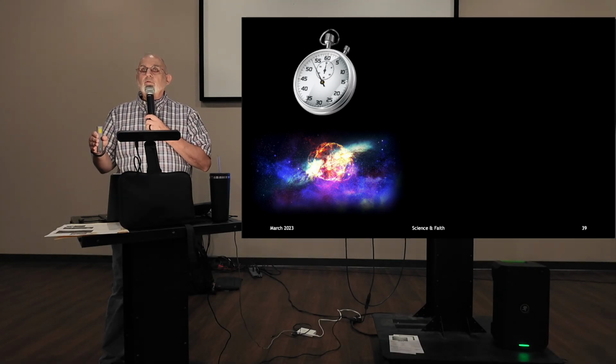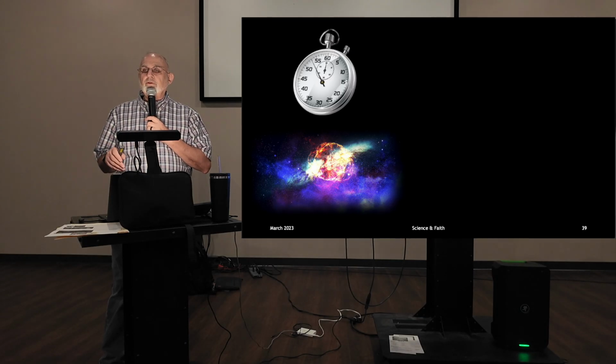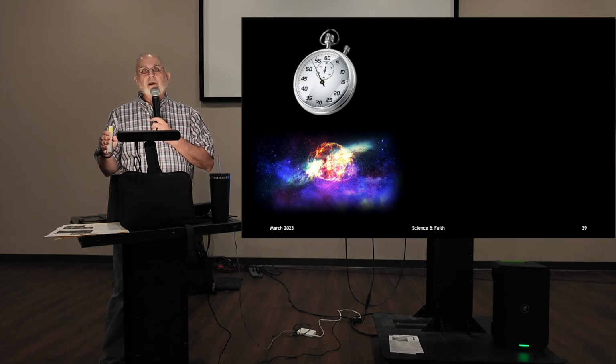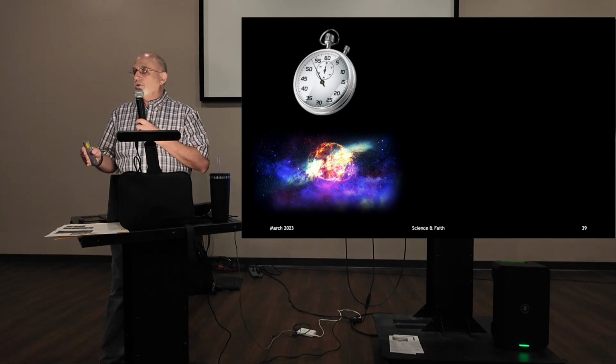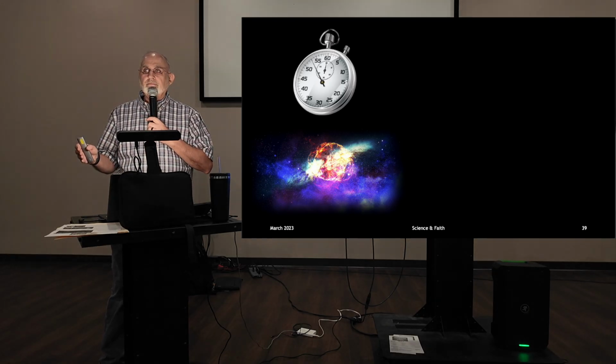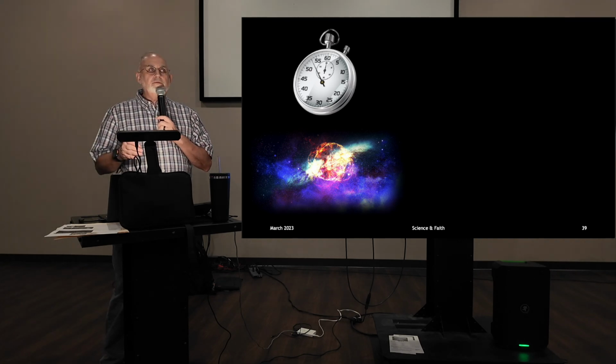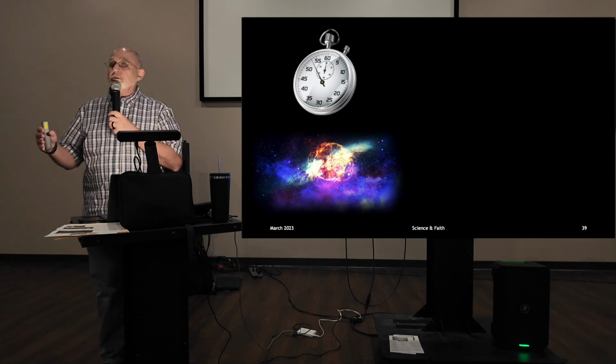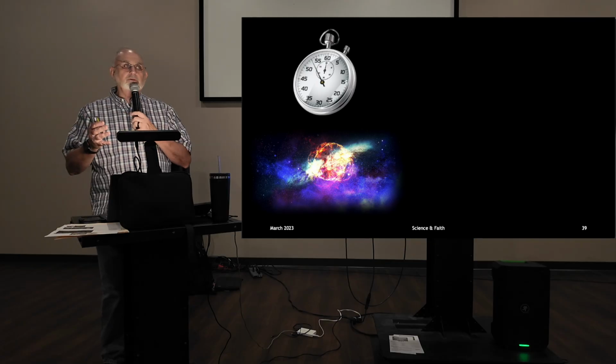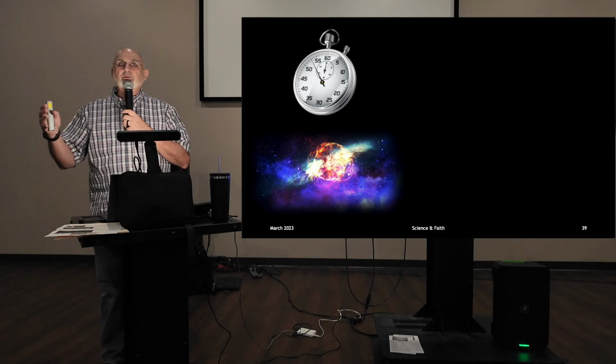We know that. We've also discovered, since Edwin Hubble began looking into this, that the universe is not only expanding, the expansion is accelerating. So you would think that if the universe was expanding and it was cyclic, the gravity would be dragging it back together at some point, or the expansion would be slowing.